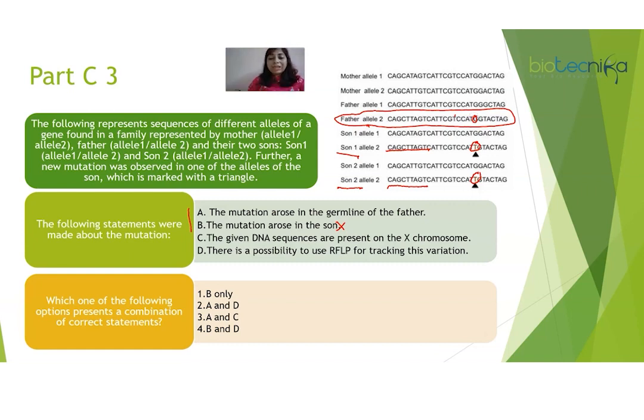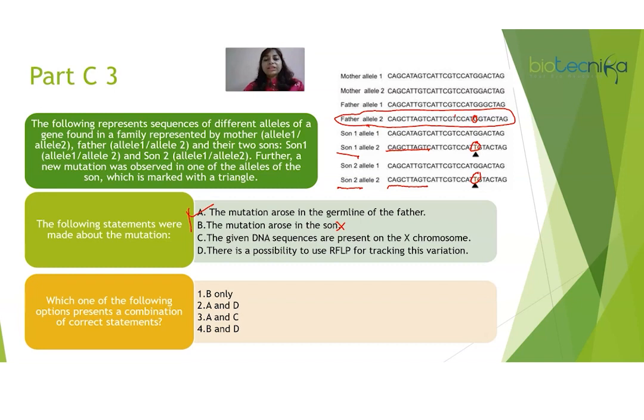Which means that this allele 2, son 1 and 2 have inherited from the father. And that means the mutation has arisen in the germline of the father, and that is why it has got passed on to both the sons. Okay, so A is right.